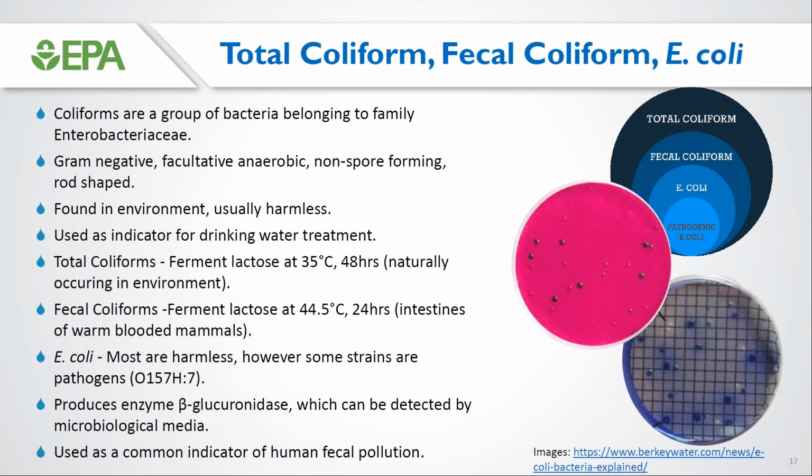We call these types of media selective media, and we're able to pull out E. coli from other fecal coliforms based on how they react in these media. So some of them fluoresce, some of them will produce a color change, those kinds of things. So we use all of these different classes of organisms in different ways for our drinking water regulation. Next slide.